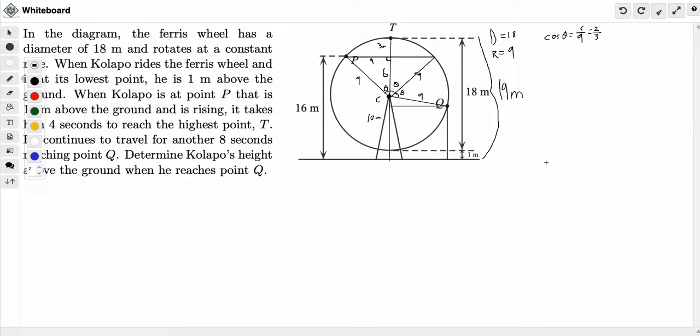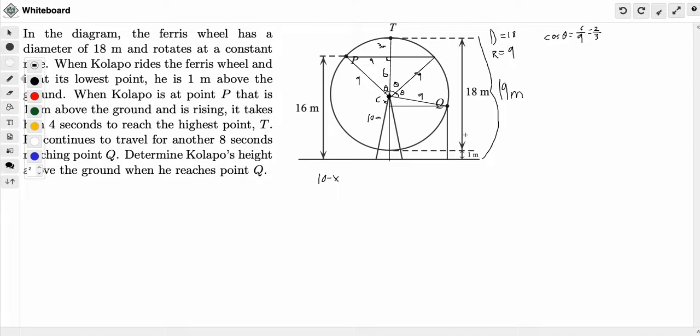And now I need to figure out this distance right here, which I can label as x, and subtract it from 10 to get my final answer. So my answer will be 10 minus x, whatever x will be. And that is the same as going from Q to the bottom line.